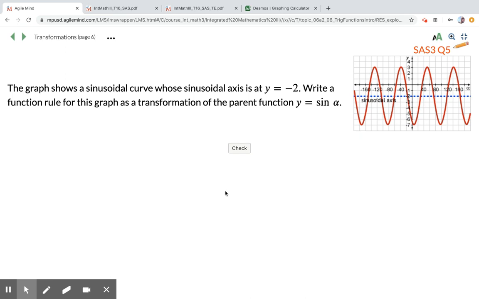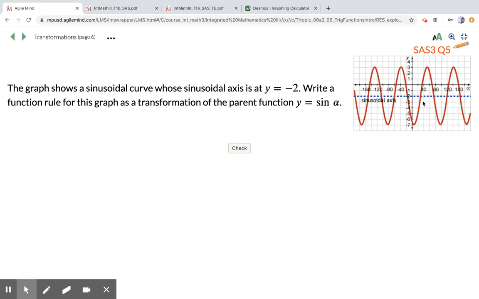What happened to your curve? If you can figure out what happened to your curve, then you can answer the question. Take a thought, what happened to your sinusoidal curve, and use that to help you write a function rule for this graph. The original is y equals sine alpha, but something happened to this graph.